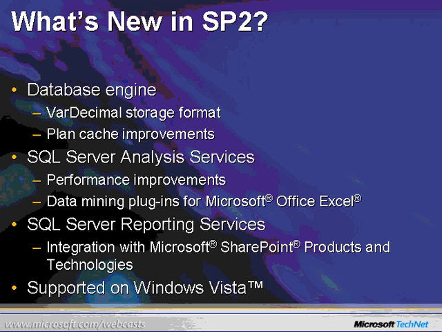So if you have a decimal data type and you want to enable this new storage format, you can save between 5 and 30% of your storage space based on our tests. There's also a plan cache improvement, which will improve how we store plans in the plan cache.